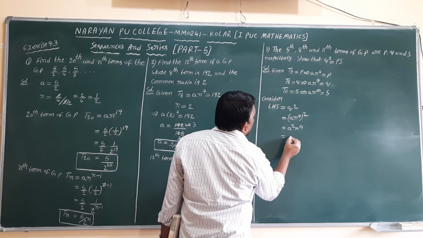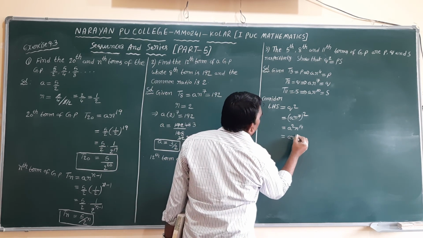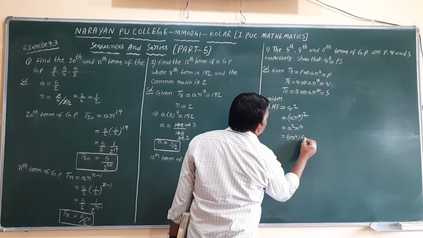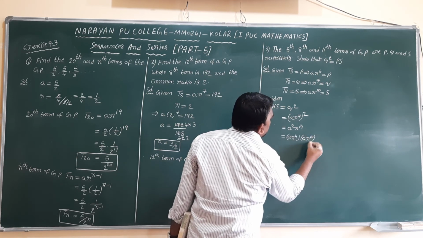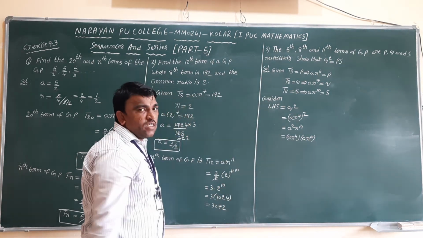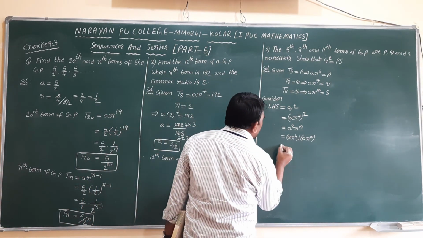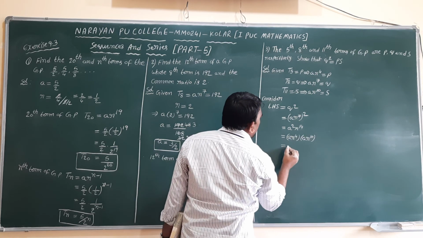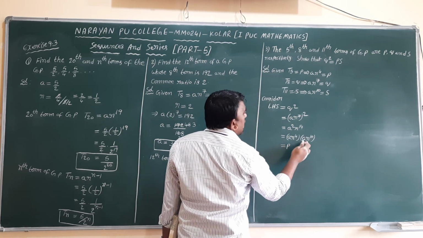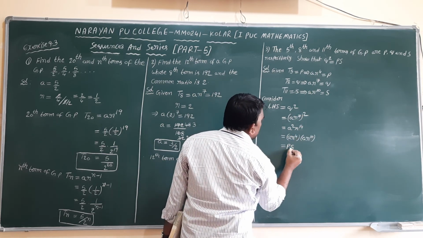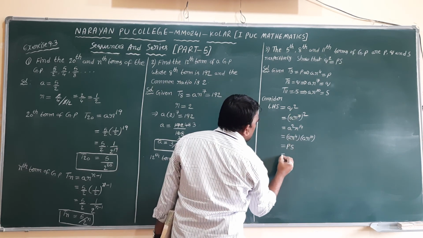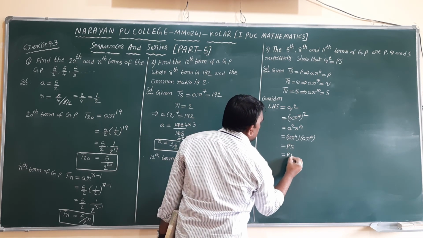So we can write this as AR power 4 into AR power 10. That is A into A square, R power 4 into R power 10 is R power 14. AR power 4 value we know is P, AR power 10 we know is S. So Q square equal to PS, that is RHS.